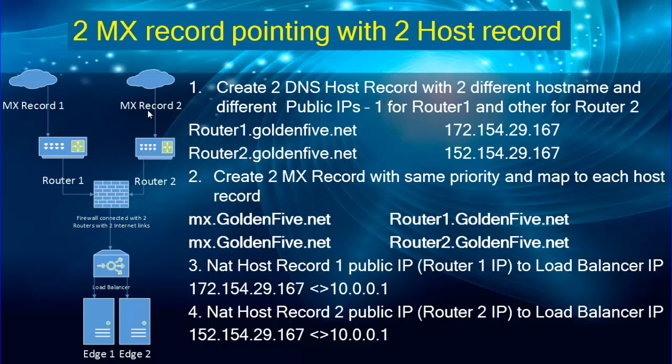So it's pointing to the same load balancer VIP pool, which the first IP is doing. So this is another way of doing load balancing, where we are using the same load balancer, but 2 different links are coming to the same load balancer.